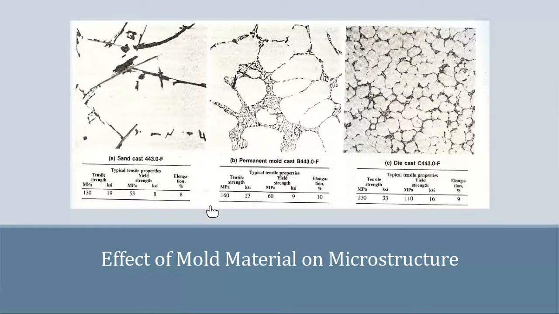When you look at a permanent mold cast, because you cooled it a little bit more quickly, it has gone up 4 more KSI, and on the last one, you're looking at another 10 KSI more. So just by changing its cooling rate, you've improved your mechanical properties.